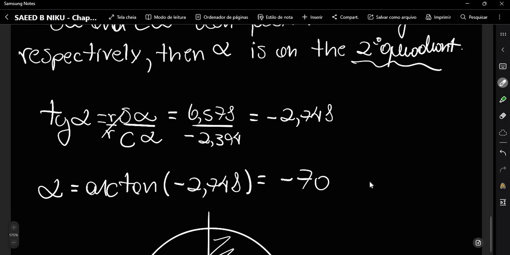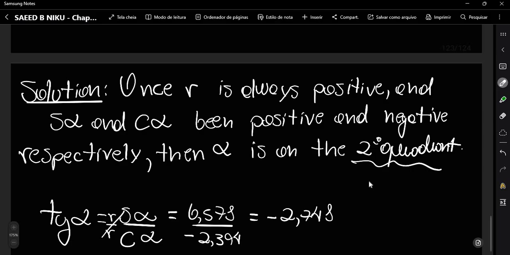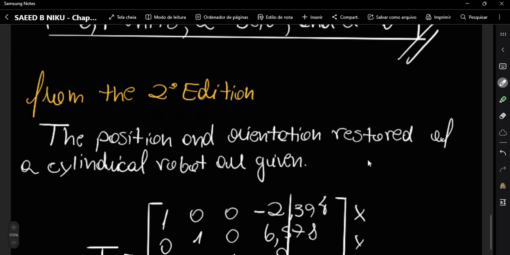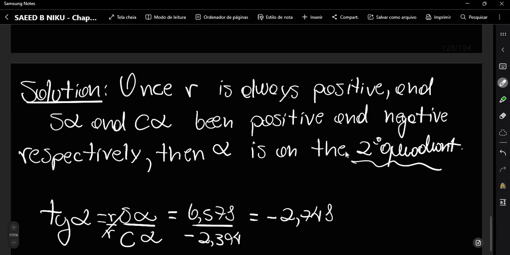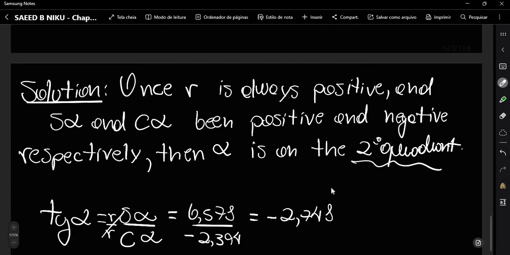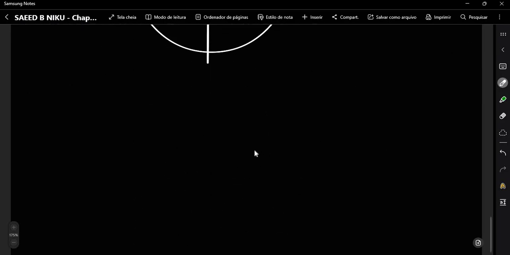And using appendix A, now we have to analyze this. Sine of alpha and cosine of alpha being positive and negative respectively. So we will find on appendix A this information.